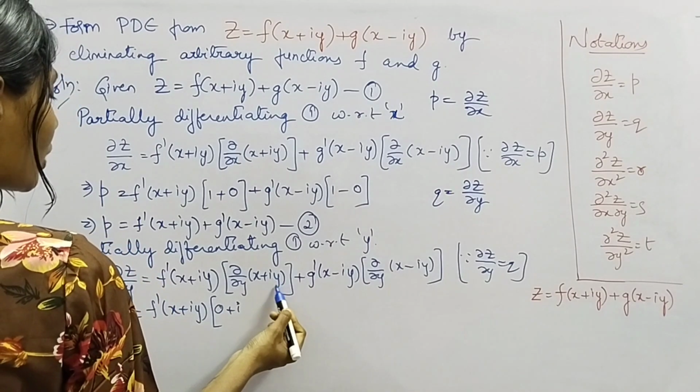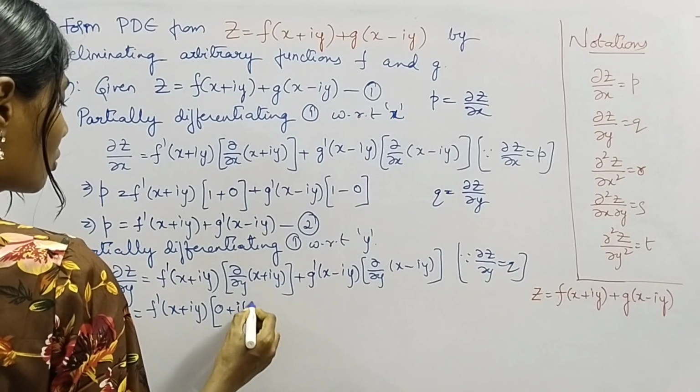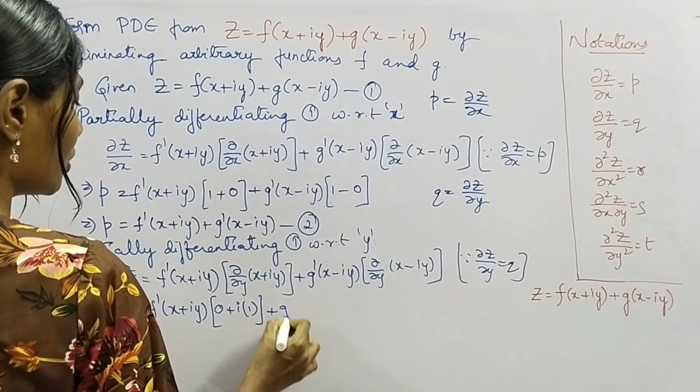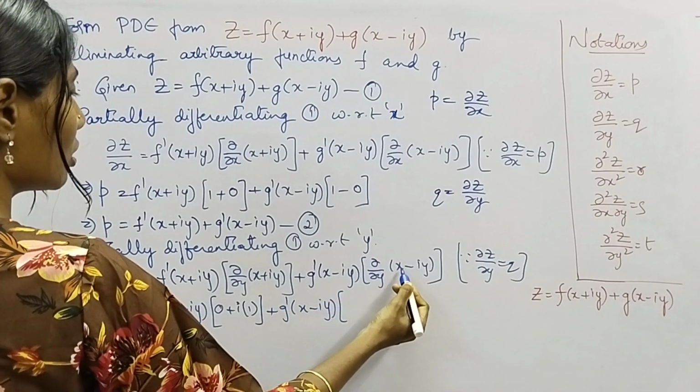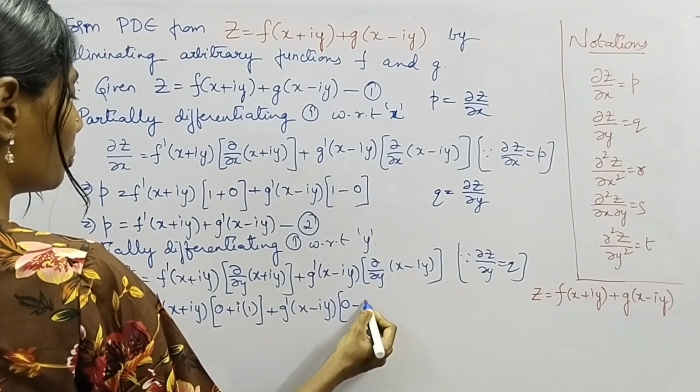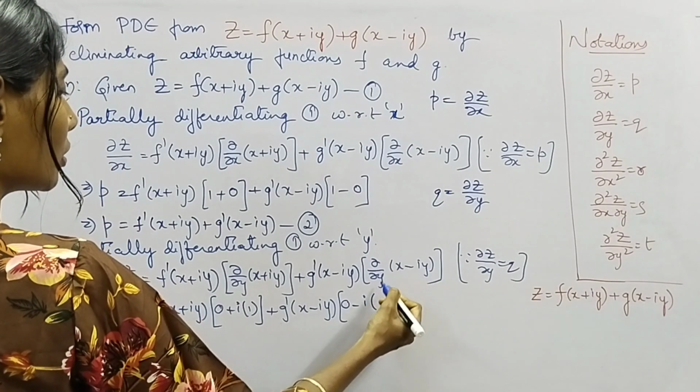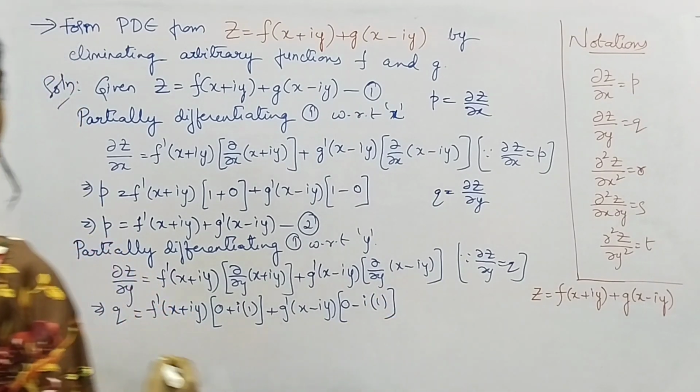I into partial derivative of y with respect to y is 1, plus g dash of x minus iy into I into partial derivative of x with respect to y is 0, minus I into partial derivative of y with respect to y is 1.